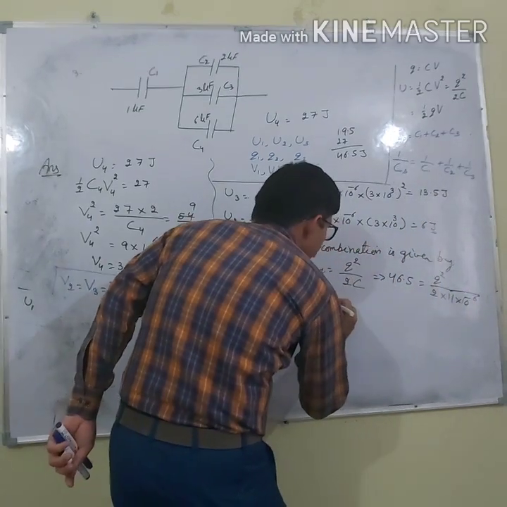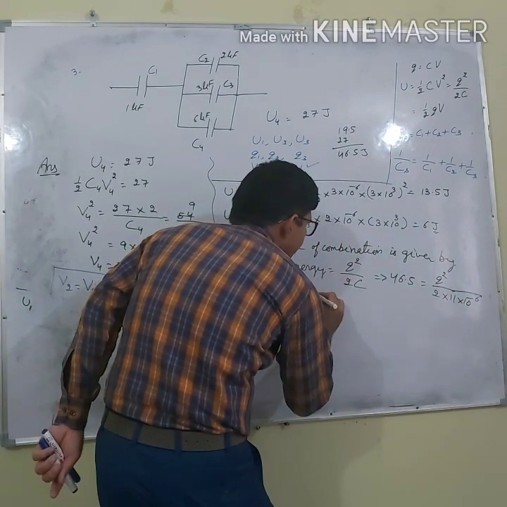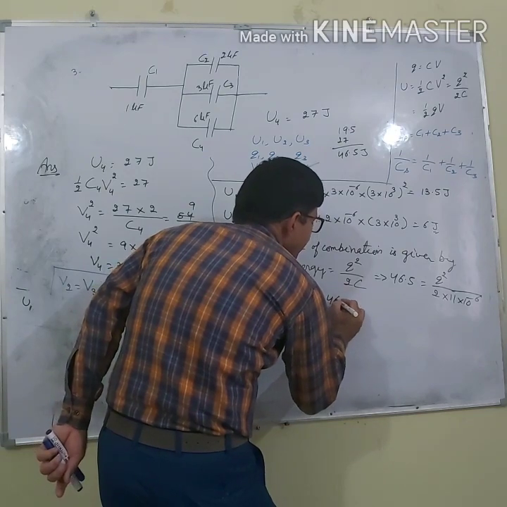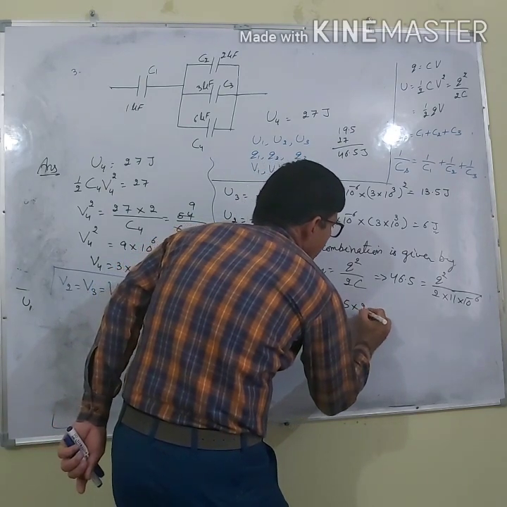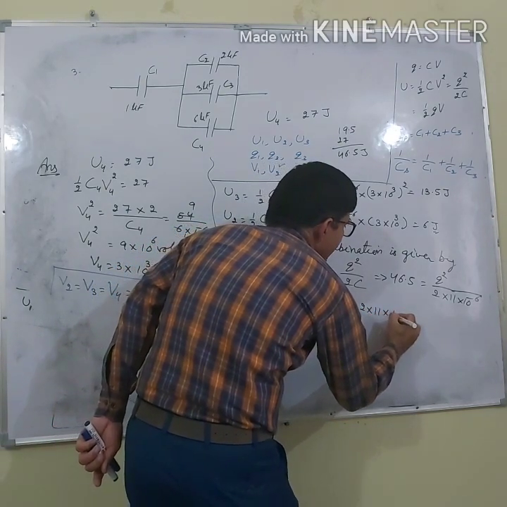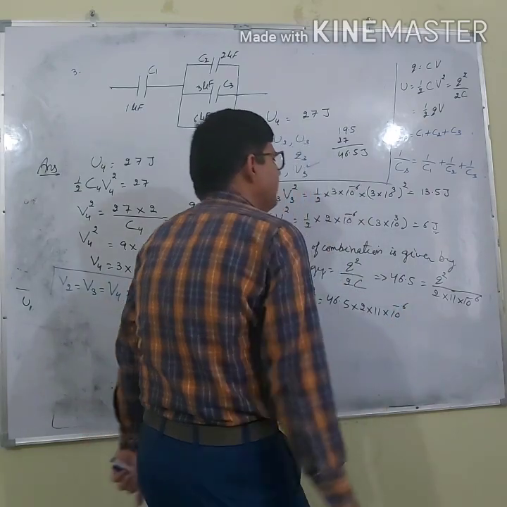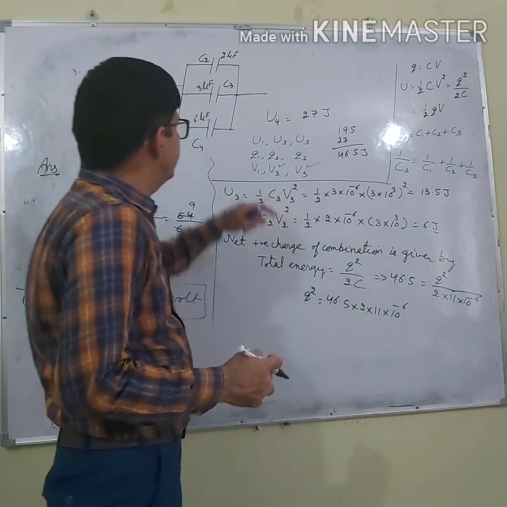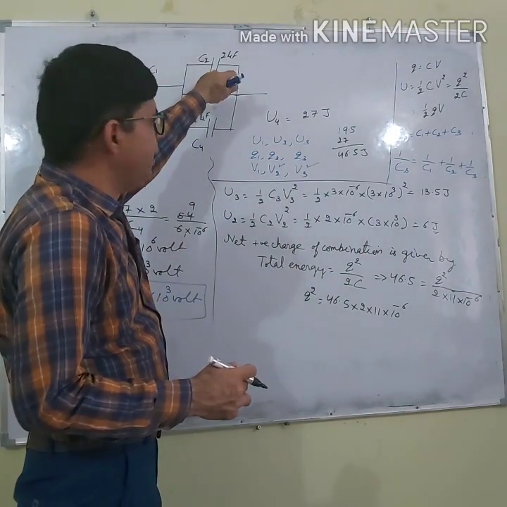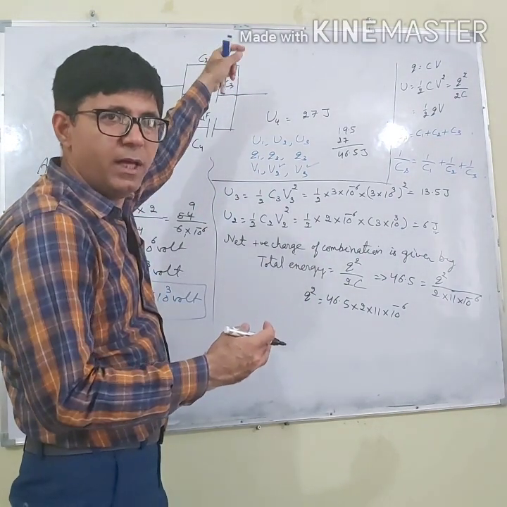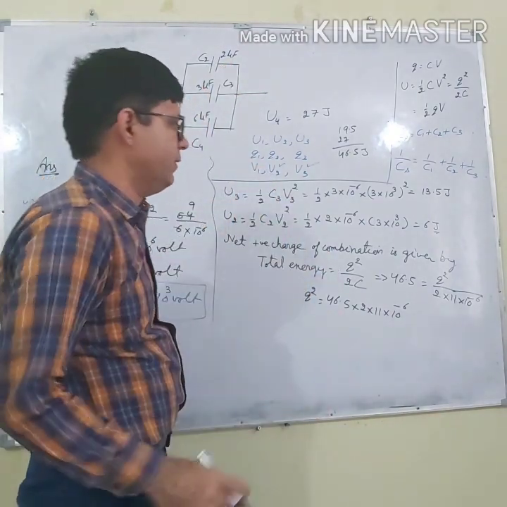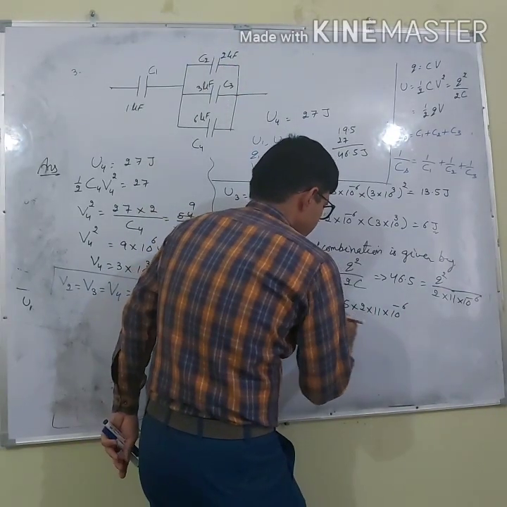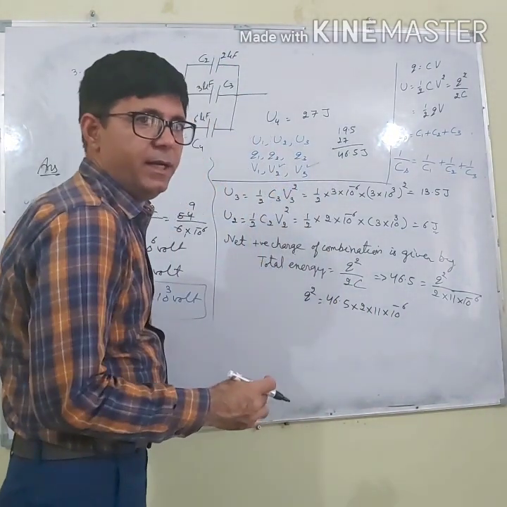So Q square equals 46.5 multiplied by 2 multiplied by 11, 10 to the power minus 6. Q is the total charge carried by either the positive plate or the negative plate of the capacitor.